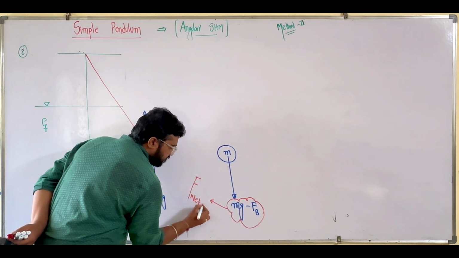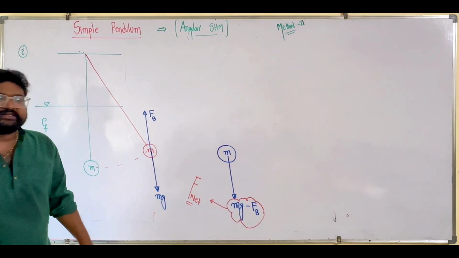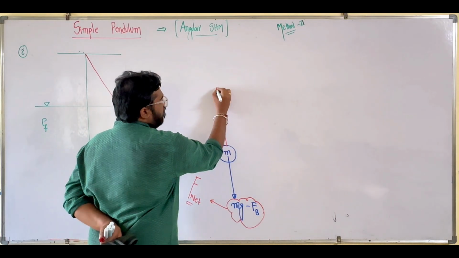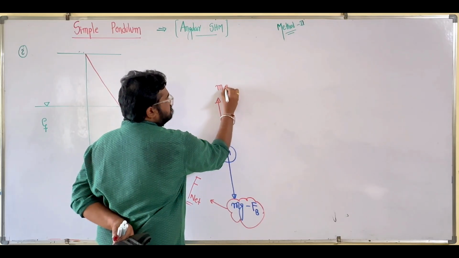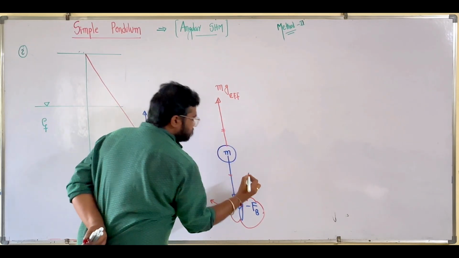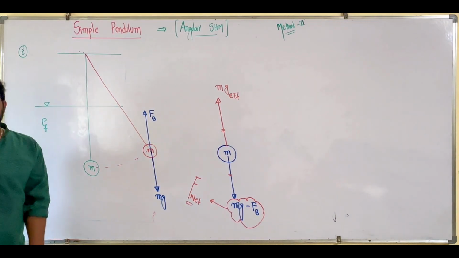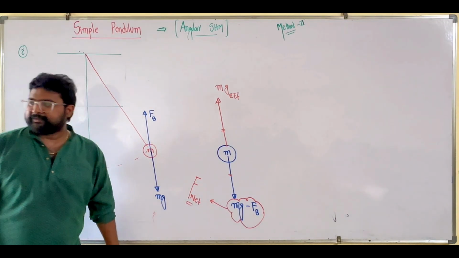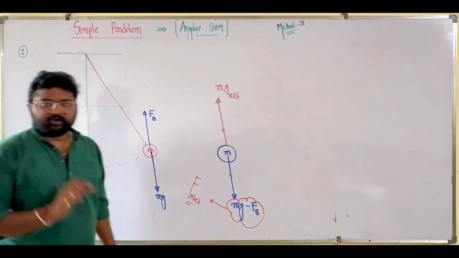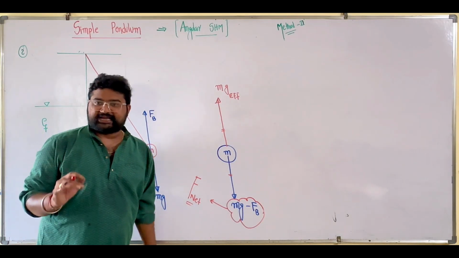It is balanced by mg effective in the opposite direction. These two are balanced. First calculate the F net. F net is balanced by mg effective, exactly in the opposite direction.